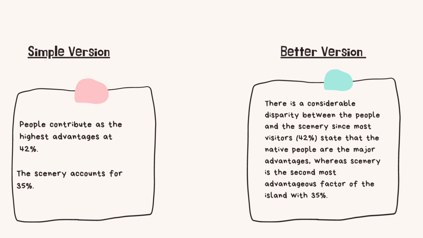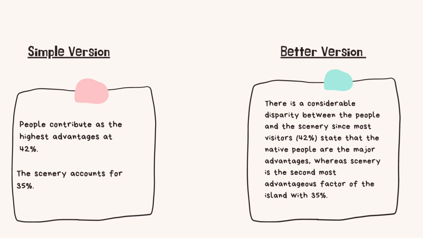There is a considerable disparity between the people and the scenery, since most visitors, 42%, state that the native people are the major advantages, whereas scenery is the second most advantageous factor of the island with 35%.